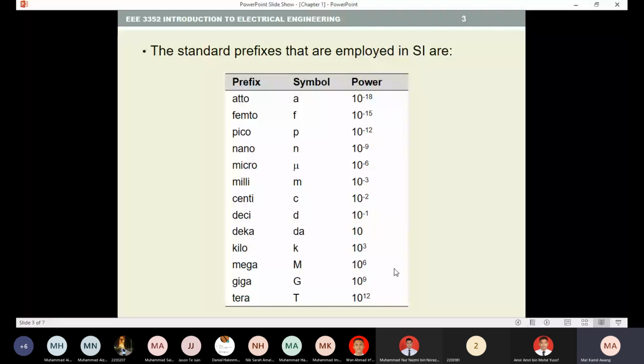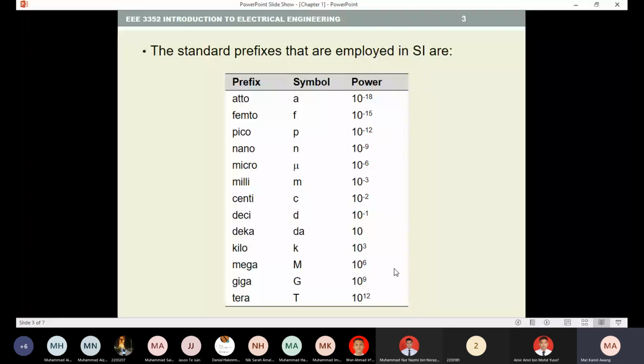Nano, n, 10 to the minus 9. Micro, the Greek symbol mu, 10 to the minus 6. Milli is small m, 10 to the minus 3. Centi is c, 10 to the minus 2. Deci, d, 10 to the minus 1. Deca is da, which is 10. Kilo is 10 to the power of 3.